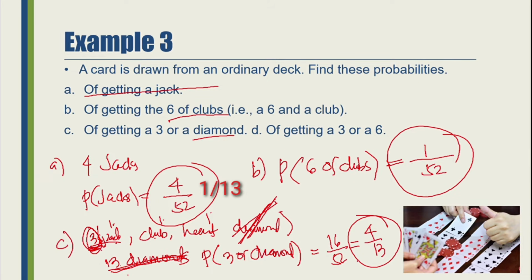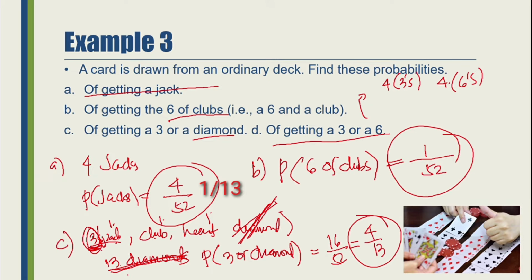Next is getting 3 or 6. So in this case, let's have the solution here. There are 4 threes and 4 sixes in a deck of cards.